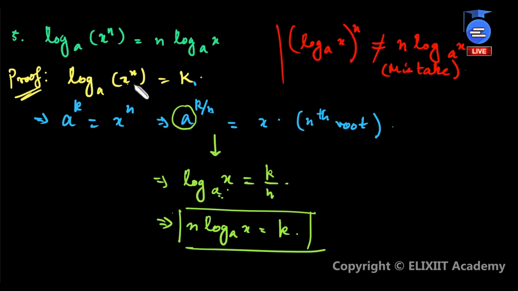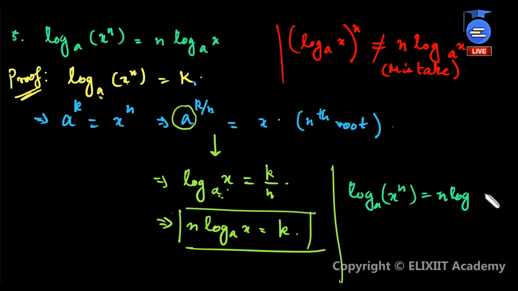So k is log x to the power n base a, and which is the same as n log x base a, equal to k. If you compare these two, we have log x to the power n base a is equal to n log x base a.